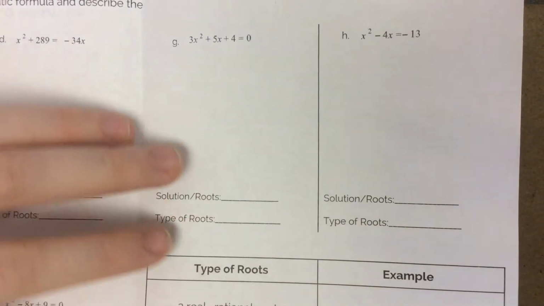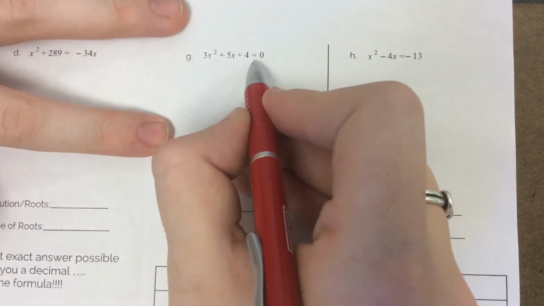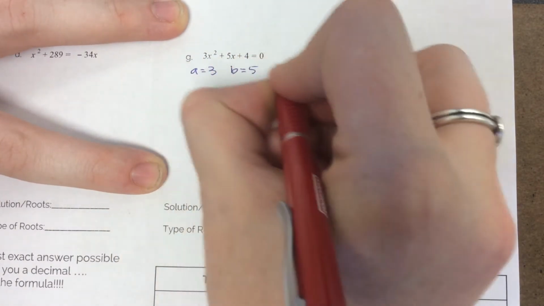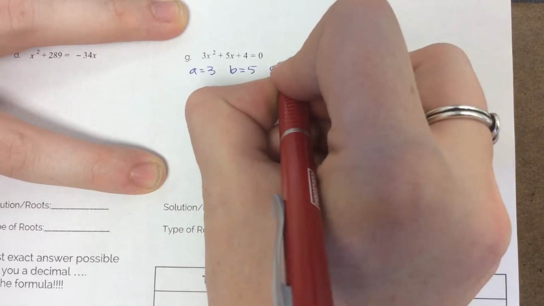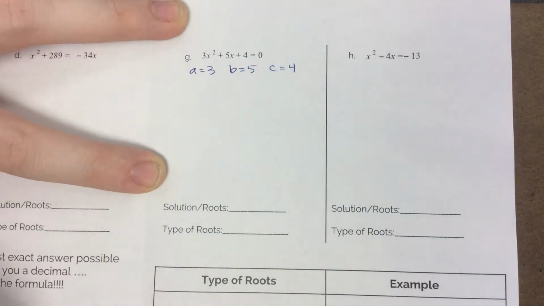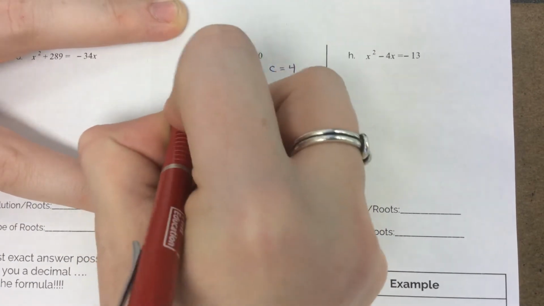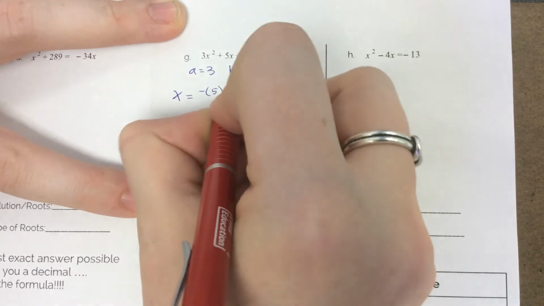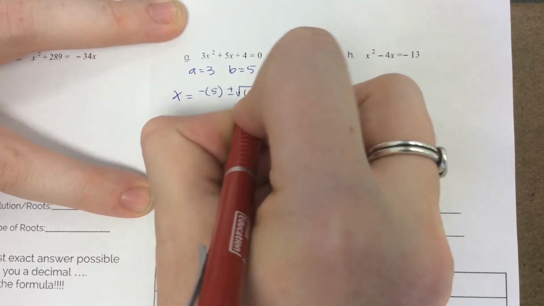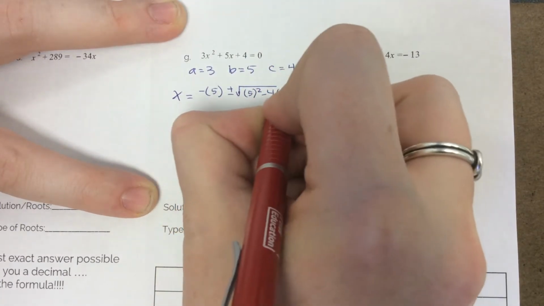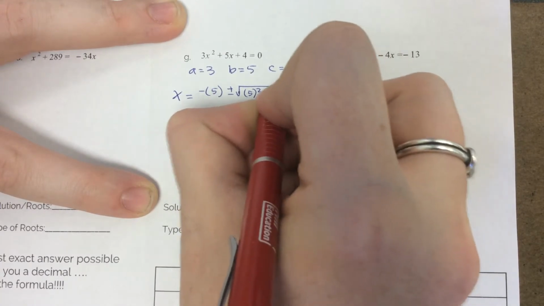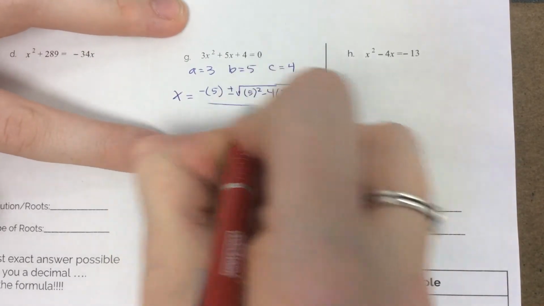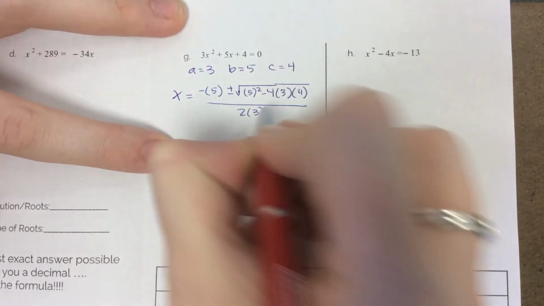Let's try 2 more. On G, it's set equal to 0. So we already know A is 3, B is 5, C is 4. Plug it in. X equals negative b plus or minus the square root of b squared minus 4 times a times c, so 4 times 3 times 4, all over 2 times a, which is 3.